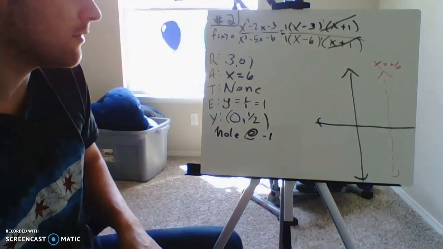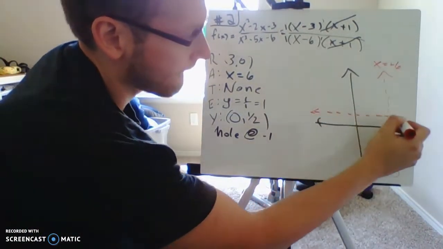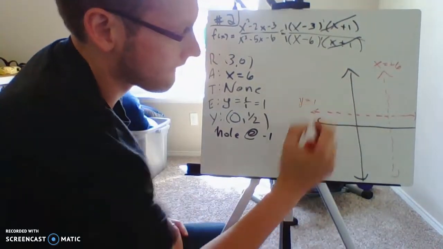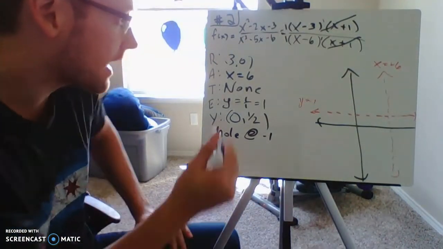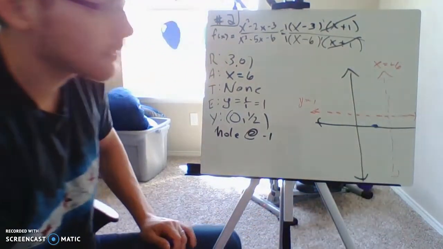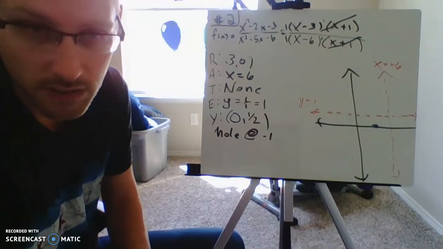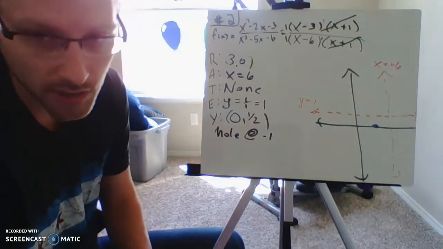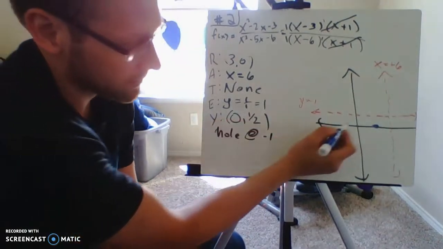And then we're going to have a y equals 1 end behavior. And then we have our root at 3 comma 0. Okay, so now all we have to do is go towards the asymptotes or zeros. Oh, and we also have our y-intercept at +1/2.